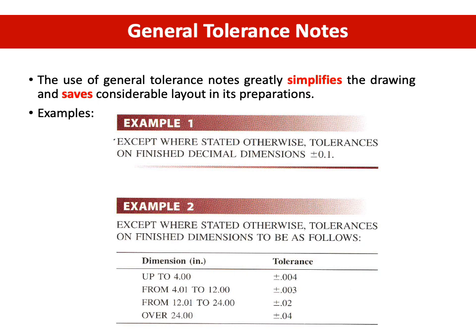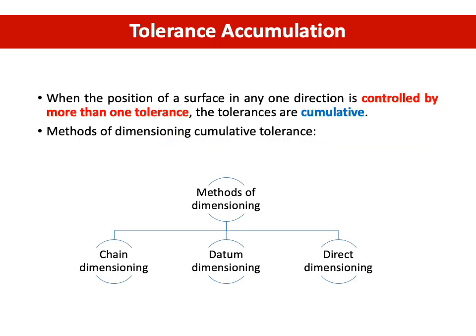By using these tolerance notes, the drawing is less crowded, clearer, and much easier to understand. So what about if you have accumulations of tolerance, where you have too many tolerances occurring?